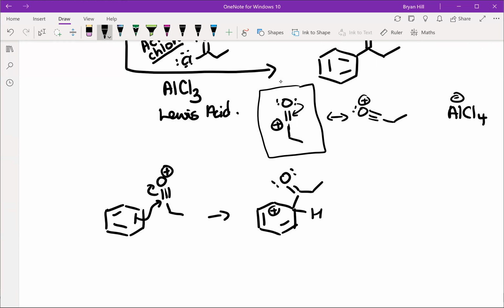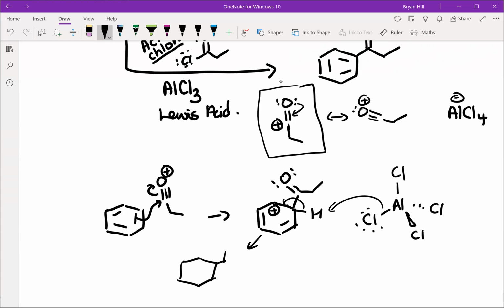This has got a positive charge. And like chloride or the aluminum chloride, some Lewis base here, grab that, re-aromatize the ring. You would have your product.